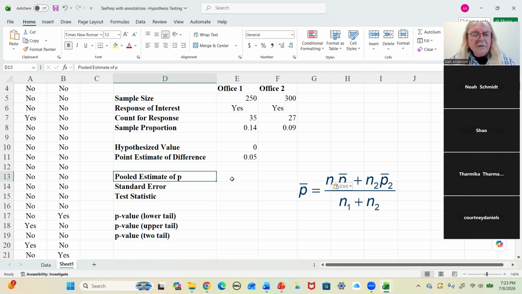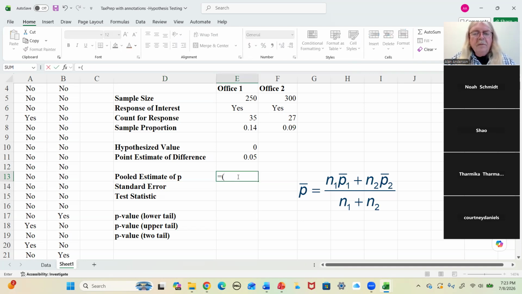Okay, so let's figure it out right here. All right, it won't be that difficult. N1 times P1 plus N2 times P2 over N1 plus N2.